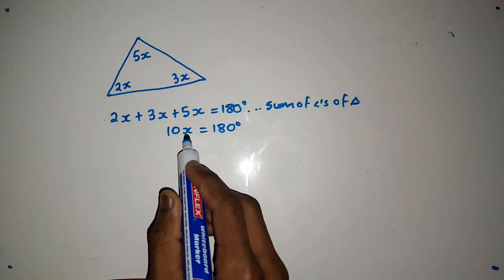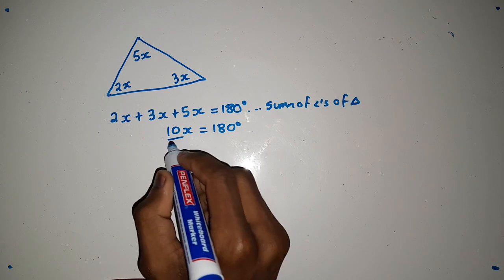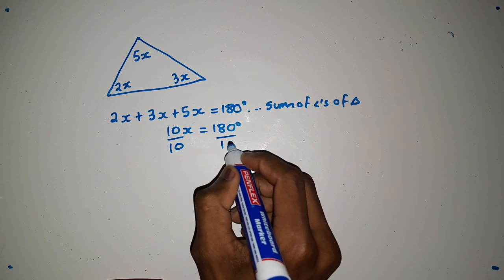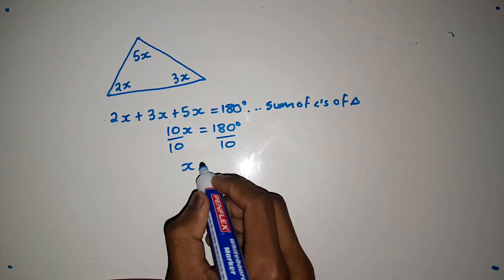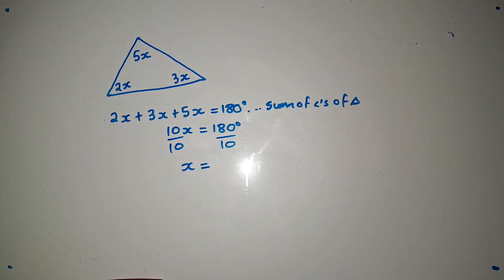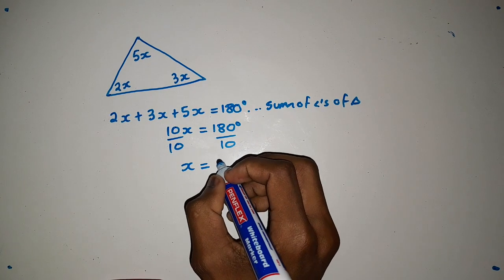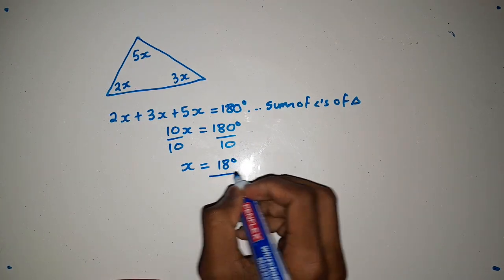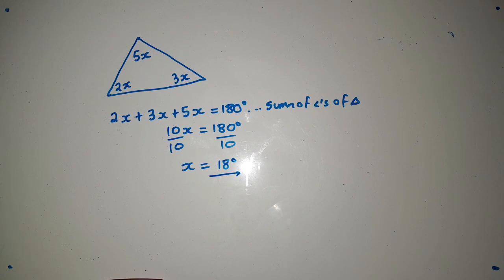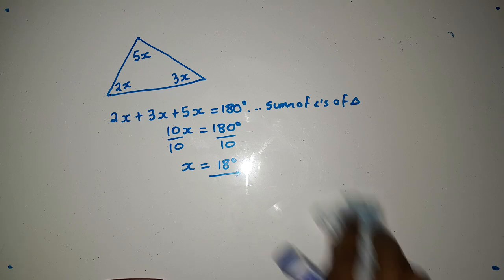Now I want x, not 10x. Just divide both sides by 10. Then your final answer is going to be 180 divided by 10, which is 18 degrees, like this. Do you understand? Now let us continue with another form of a triangle, which is like this now.